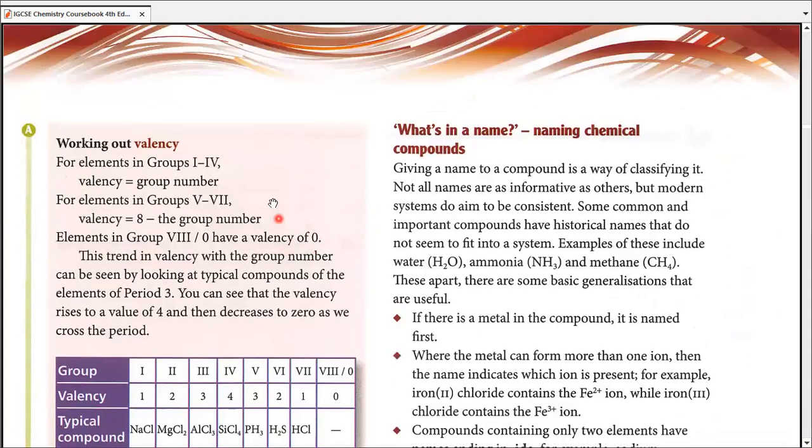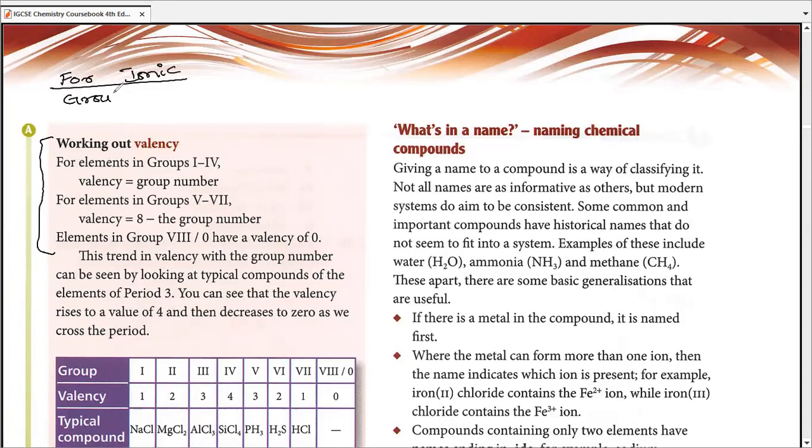Now, this is okay if you go with this, but I change it a little bit according to the ease of students. So I'm going to rewrite these formulas for different kinds of compounds. To begin with, for ionic compounds, the formulas work in this way.